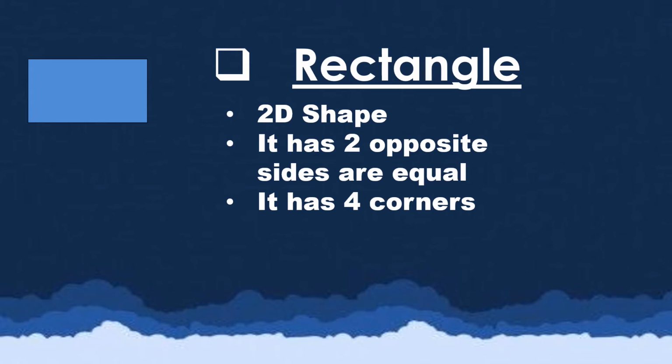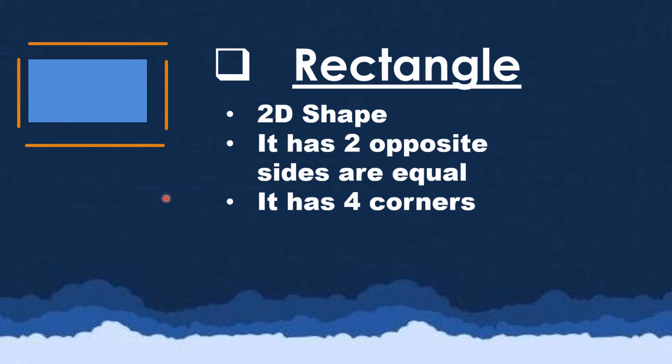Next shape is rectangle, and all of you know you can draw the shape of a rectangle on paper. It has two opposite sides that are equal. So let's count with me, one side and two sides. And these two sides are equal, and now up and down, let's see one and two. Yes, these two opposite sides are equal.